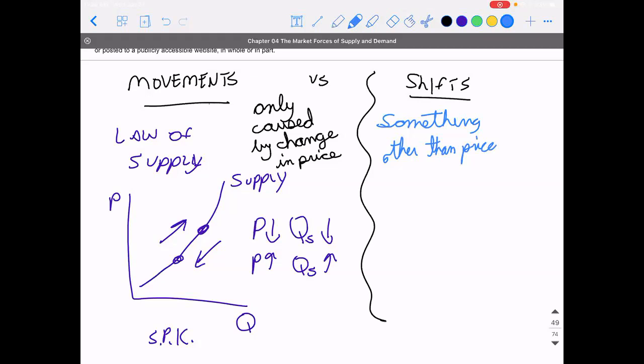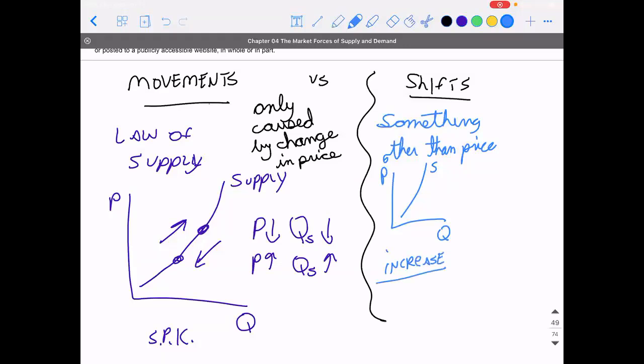And so if something other than the price is changing, it can cause supply to increase.